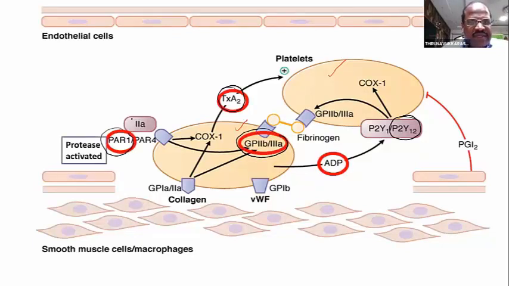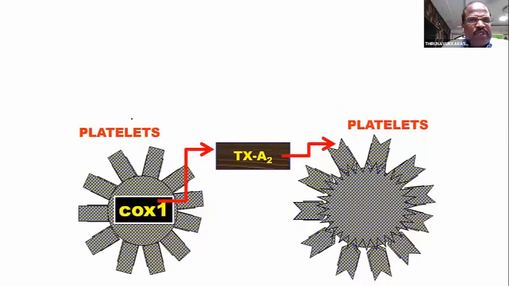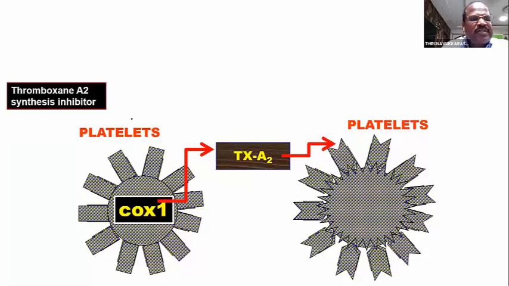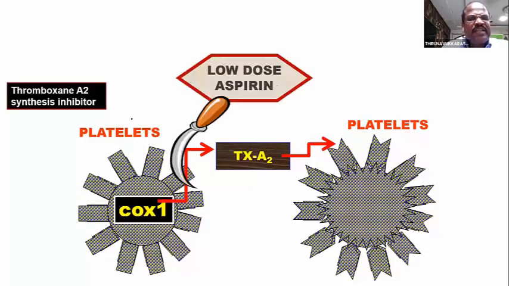Now, in this case of ACS, the most important antiplatelet we are using is the COX enzyme inhibitor, the so-called thromboxane A2 synthesis inhibitor, low-dose aspirin. This is very important. Low-dose aspirin is going to act as antiplatelet.